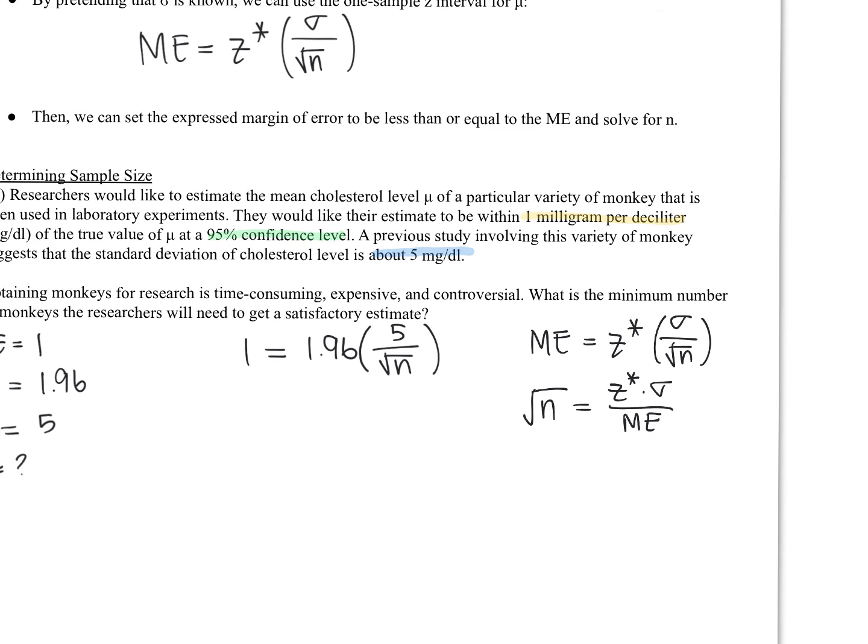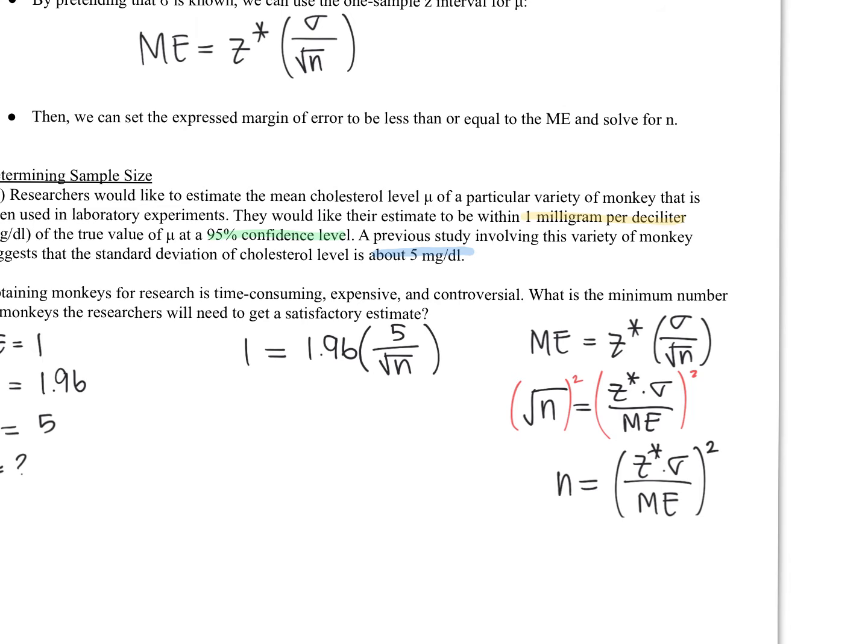And then to get rid of the square root, we would square both sides. So we end up with the formula n equals our z critical value times our standard deviation all over the margin of error, squared. So we can use that formula instead of having to solve for n.